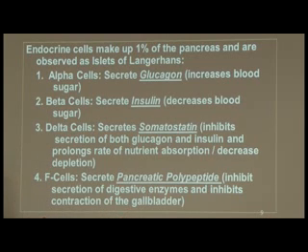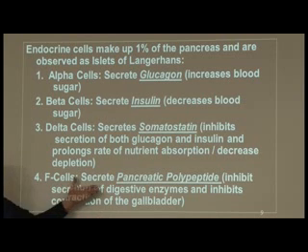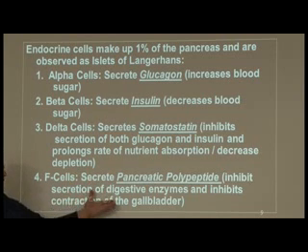If you have nothing in your small intestine to digest, you don't want digestive enzymes being secreted, and you don't want bile moving into the small intestine to emulsify fats. So pancreatic polypeptide would inhibit that activity.